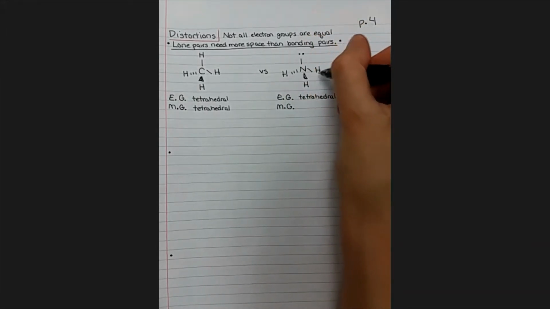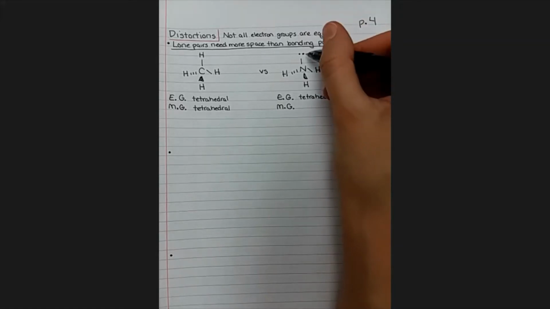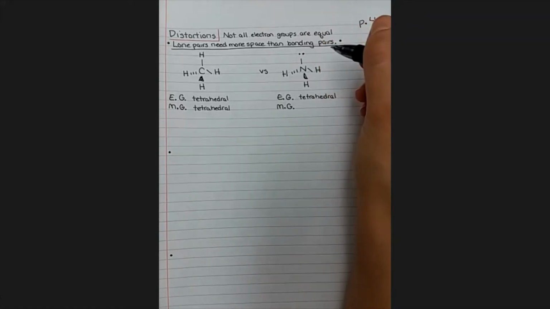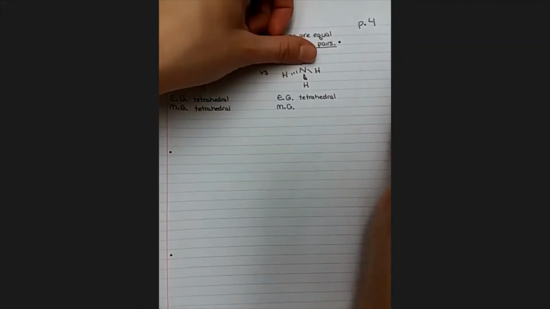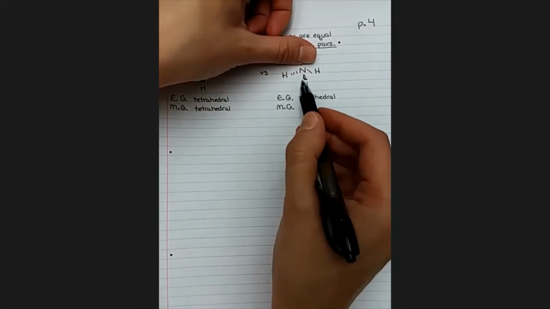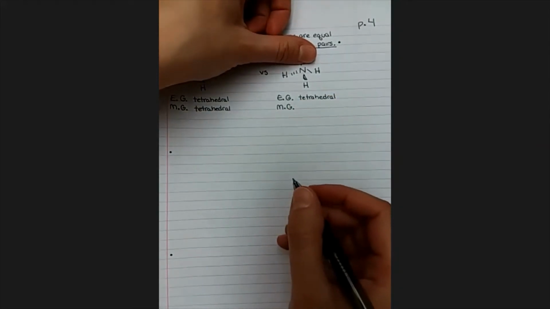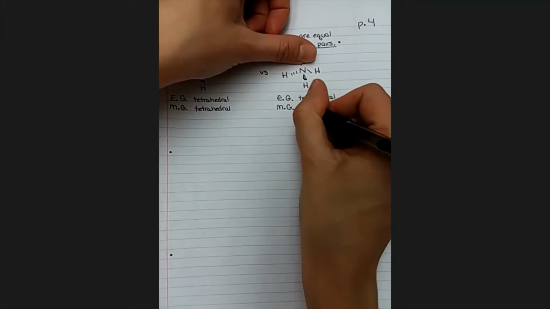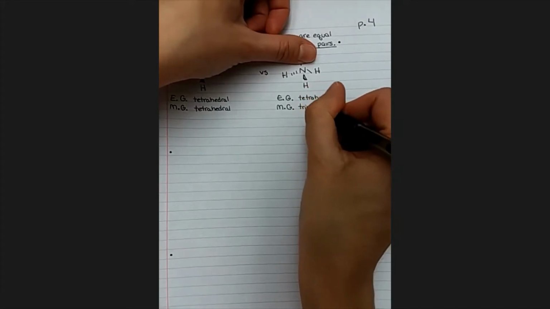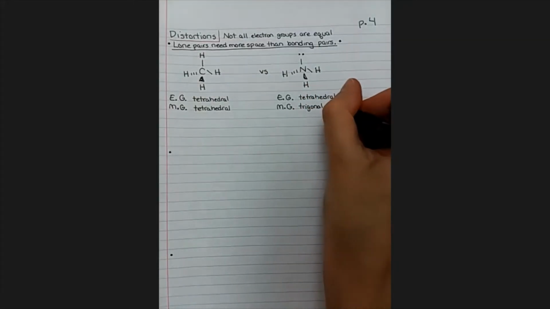So these 3 electron groups are bonding pairs, and this electron group is a lone pair. So if we cover up that one and we name the shape made by this structure, this shape is going to be trigonal pyramidal. Or you can look at the charts if you're having trouble remembering.